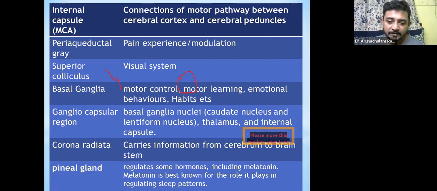Sleep pattern is being disturbed these days when you are sleeping at abnormal timings, and that can influence the hormones of your body, particularly hormones like melatonin and sexual hormones, because the regulatory center for sleep pattern, I'm not saying sleep, it is sleep pattern, and the melatonin and other hormones is the same.